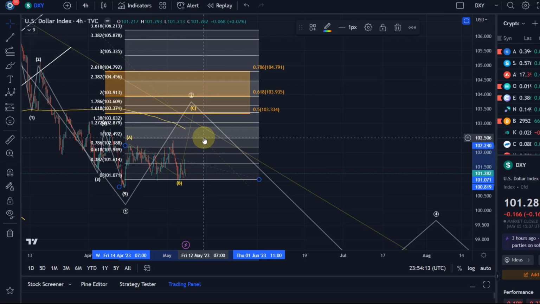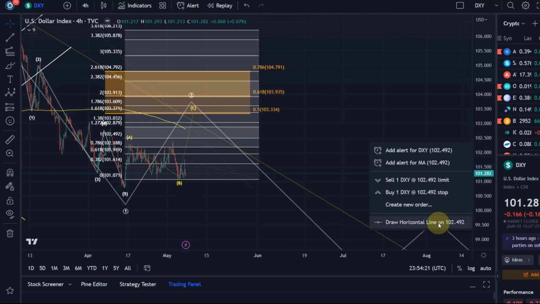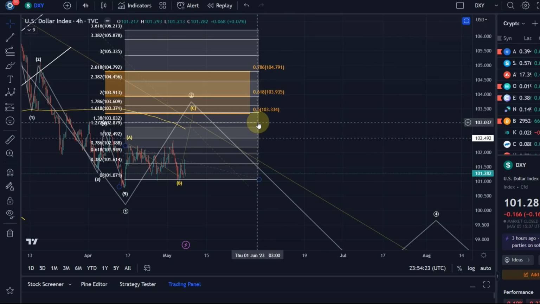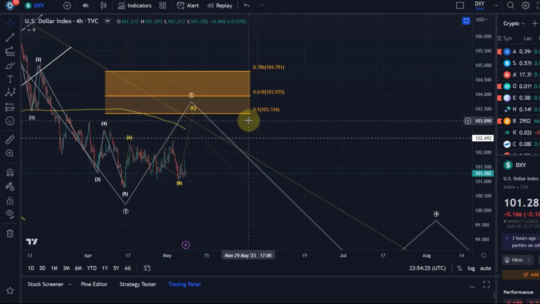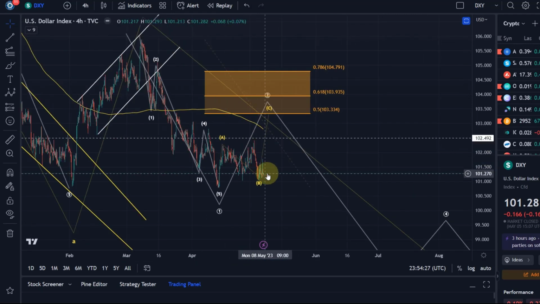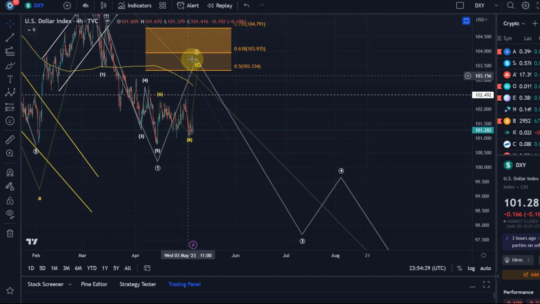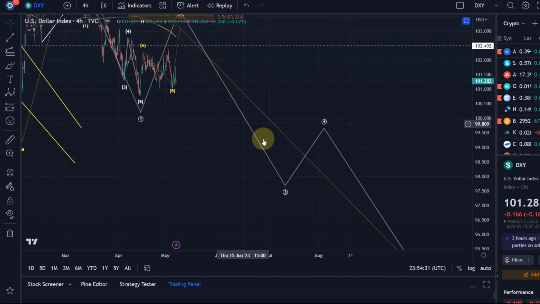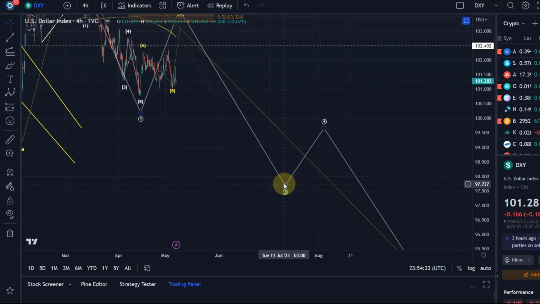That's actually $102.49. So that would be a first target. I'm going to add that here to the chart. And if we break above it, then it would suggest we go to the orange resistance area. Okay, and as soon as we complete wave 2, we could head down further in a 3rd wave.